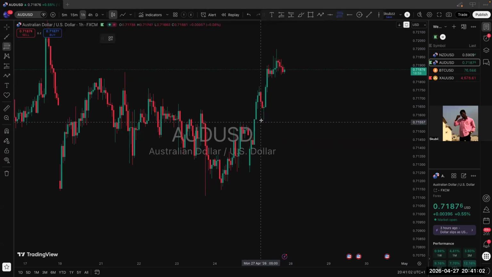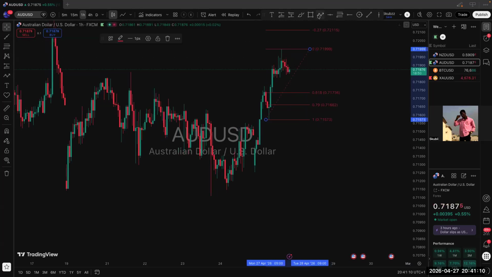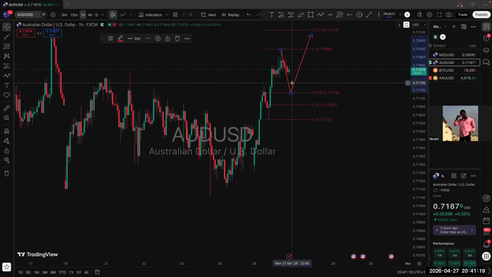What I'm doing now is basically plotting my Fibonacci from the most recent low to the most recent high. Do you understand? We're looking for where we're going to get the next buy now. So what we'll be looking out for is for price to come back, tap this level here, and then go to the upside. So we're looking to buy at that 0.618 level.